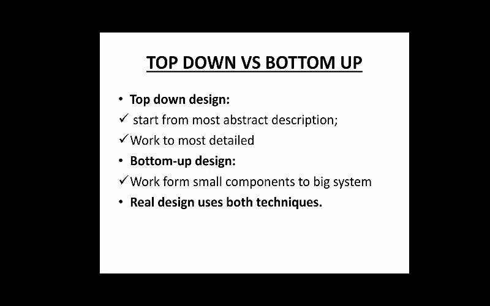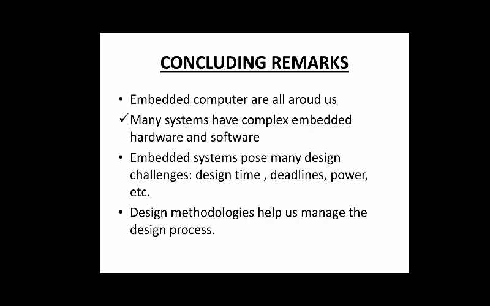Bottom up design means we can use the system we have in our hand. In practice, bottom up design is used because we want to reuse the systems we have in hand. So we start from small components to a big system. Real design uses both techniques, but bottom up design is more preferable.